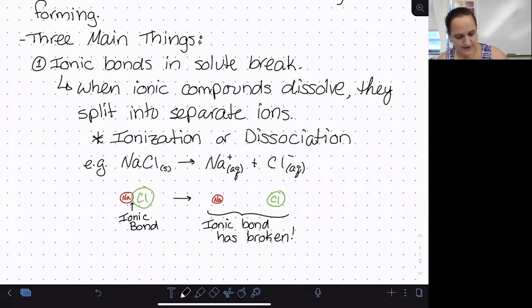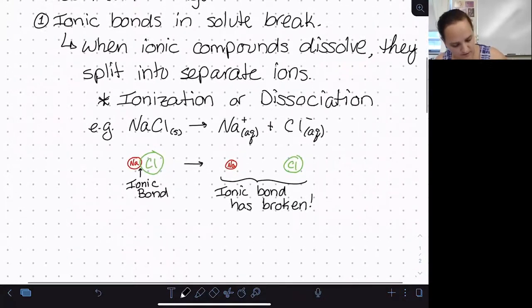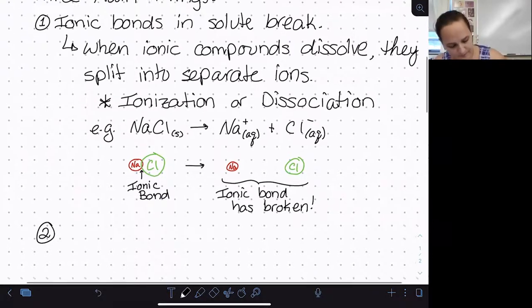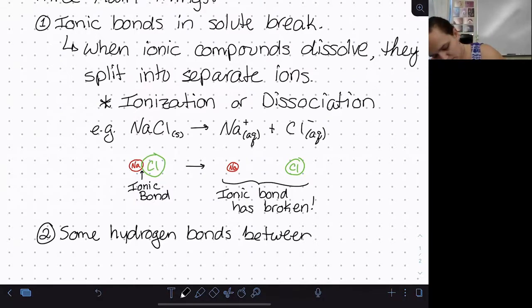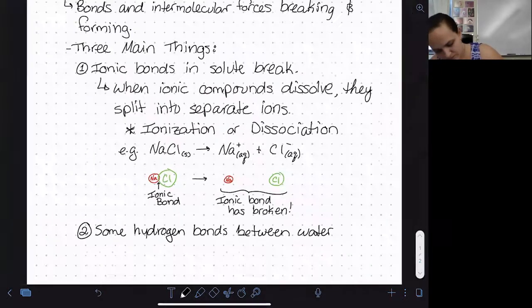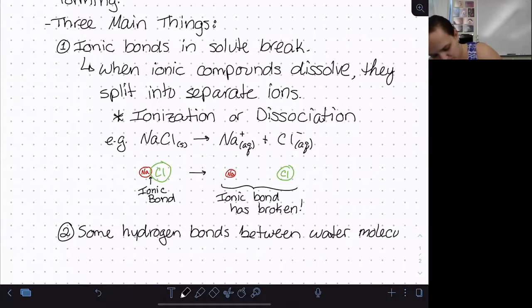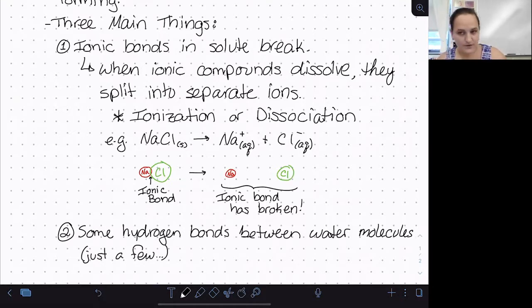So the next thing that has to happen in order for something to dissolve in water is that some of the hydrogen bonds between the water molecules, not even close to all of them, just a few, will also break. So again, just a few, not all of them.